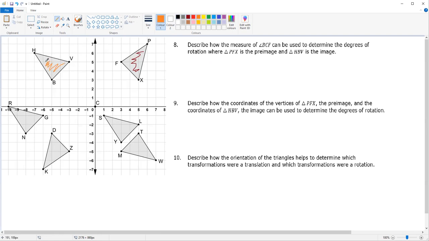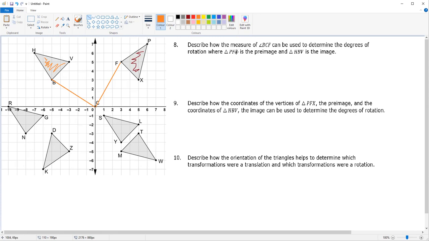HBV is the single one, and the angle that they're talking about, we'll make it green, is C, the vertex, and B and F are the other points. So B, CF. That's the angle that they're talking about.